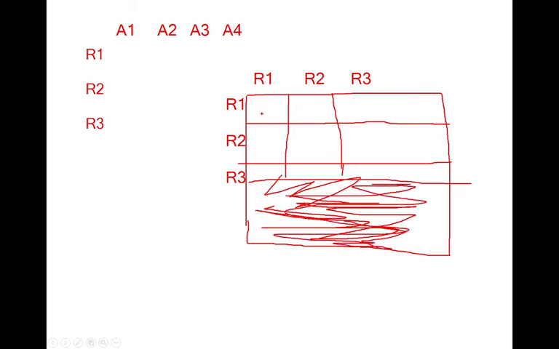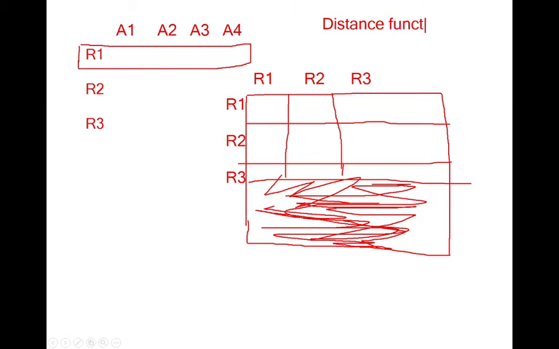Now here, what will we do? We will pick this record, and we will have a distance function, and we will give it r1 and this r1 again, and this distance function will give us a distance value.